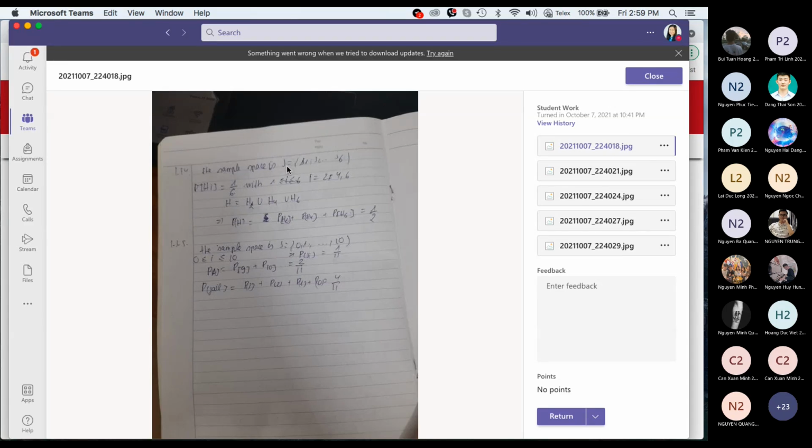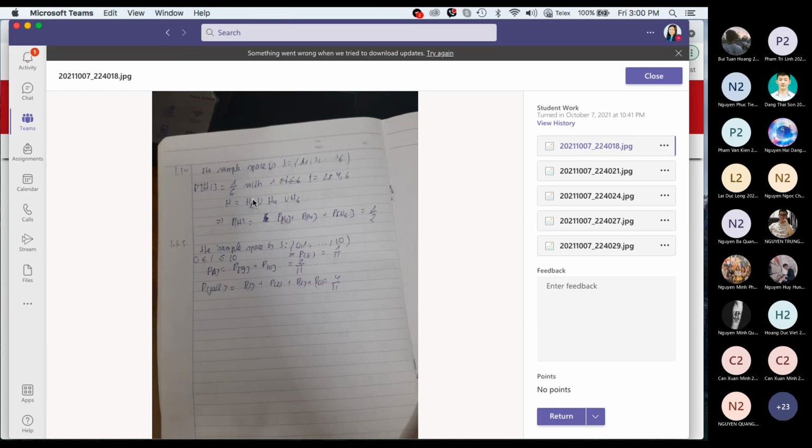The sample space is S. S is S1, S2, up to S6. The probability of Hi equals 1 over 6, for i from 1 to 6.